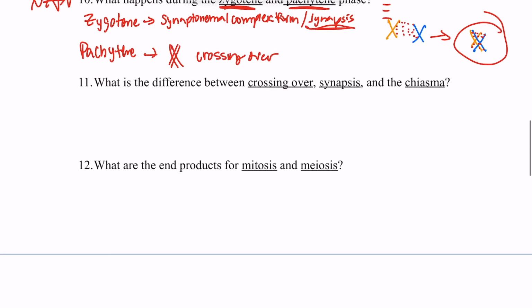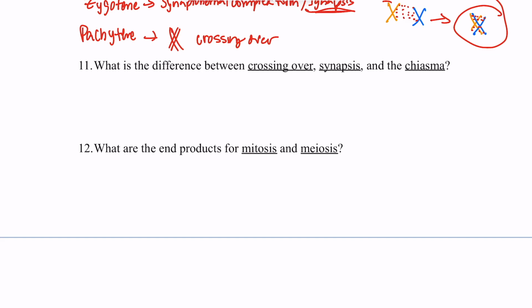Okay, so number 11. What is the difference between crossing over, synapsis, and chiasma? So we already said crossing over is the actual, physical exchange of chromosome genetic material.